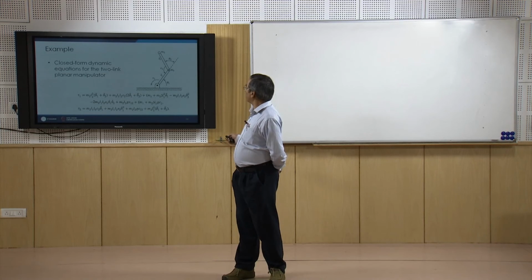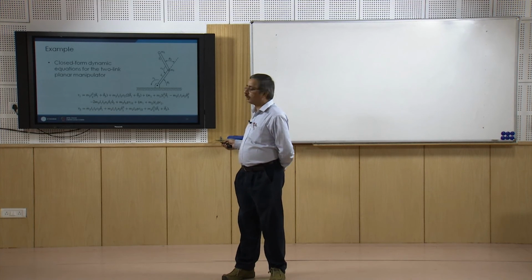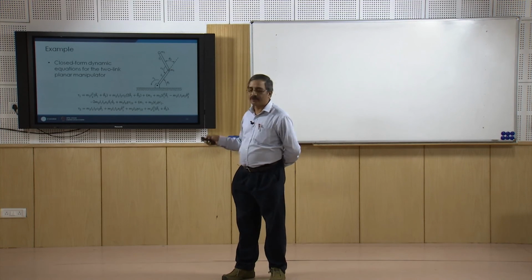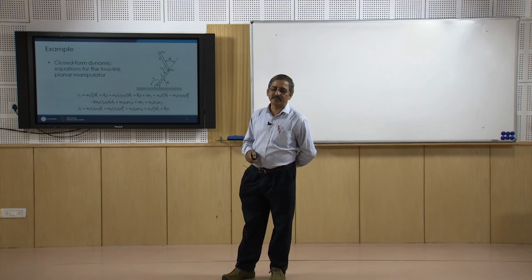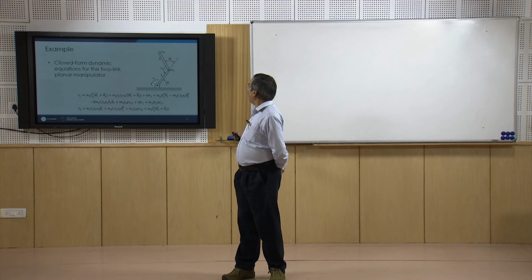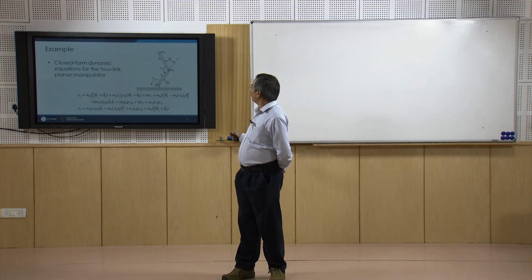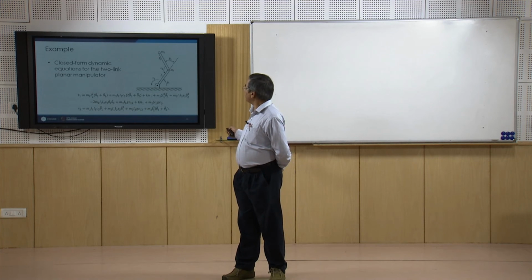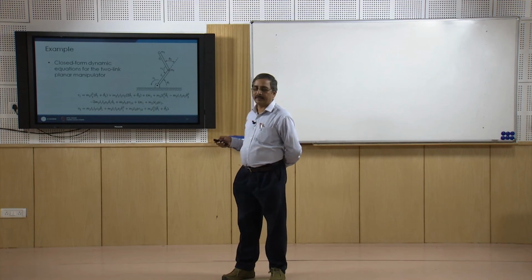And this is the last example which I will just explain to you. Again, I am not solving this problem; you can use the same algorithm which I have just explained, that is, the Newton-Euler equation. This is a 2 link manipulator.